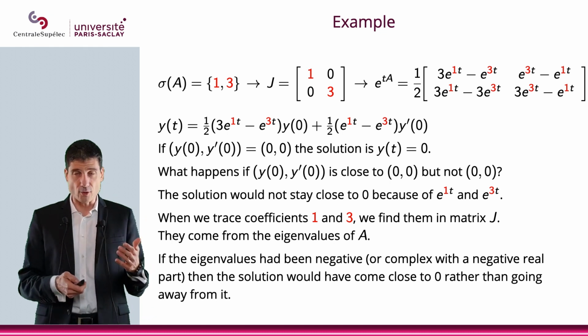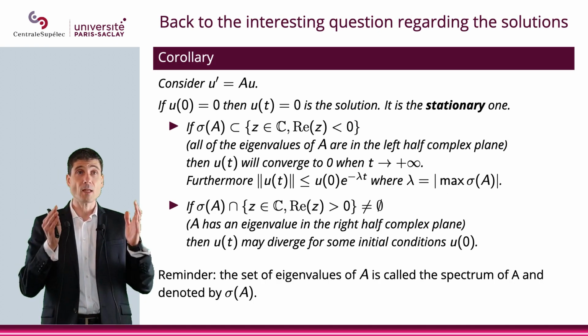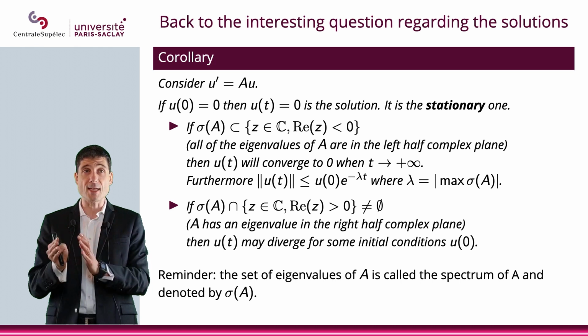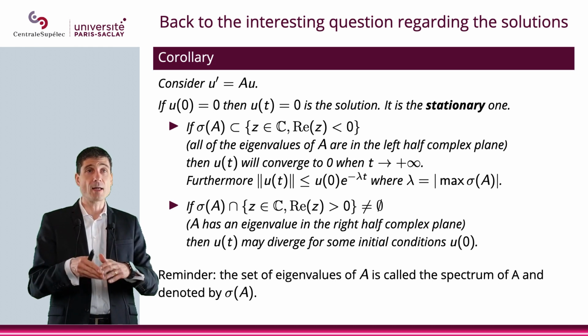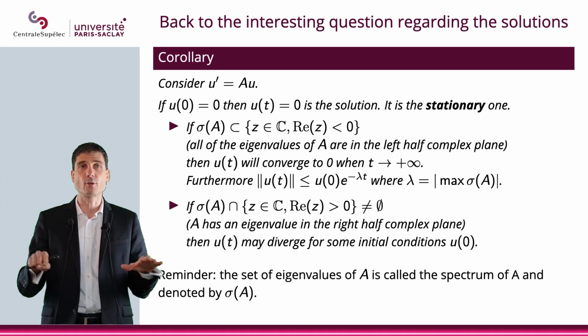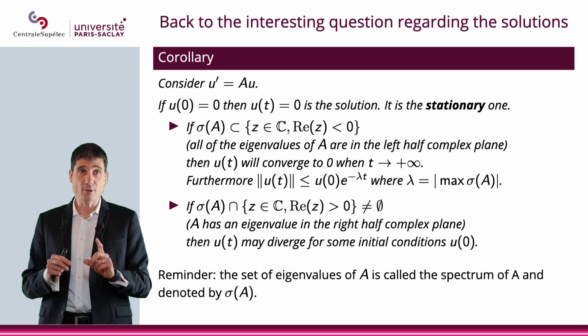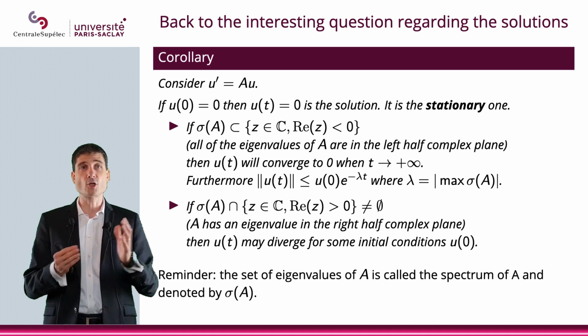So a corollary to the proposition we gave, to Duhamel's theorem, is this one. If we have u prime equals Au, and if u of 0 is equal to 0, then obviously u of t is a stationary solution. That's not a problem. But if it's not equal to 0, then we have two situations.